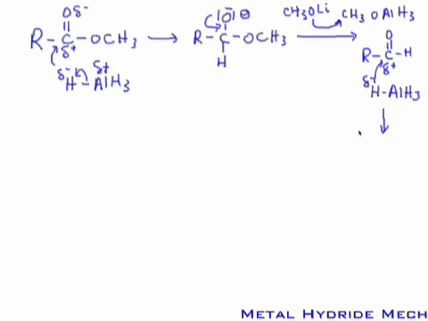And what we end up with, of course, is R, C, O minus, H. We've added a second H. This interacts, of course, with the aluminum hydride that has the empty orbital.